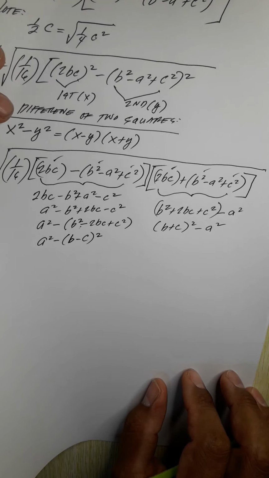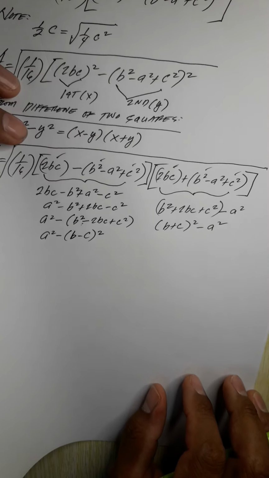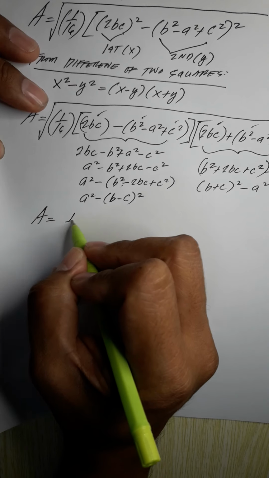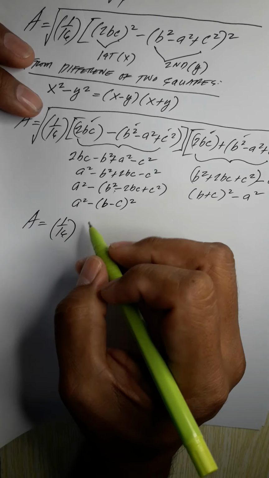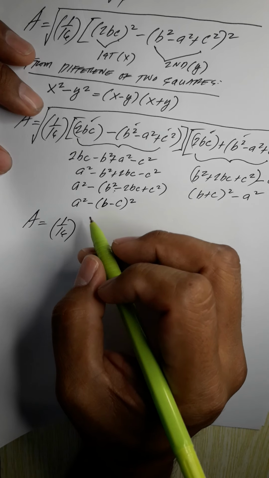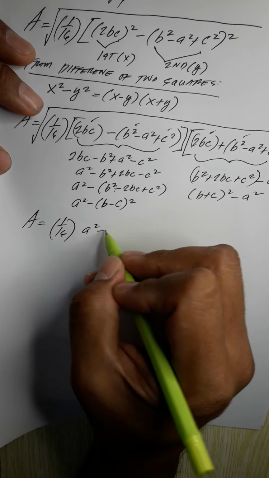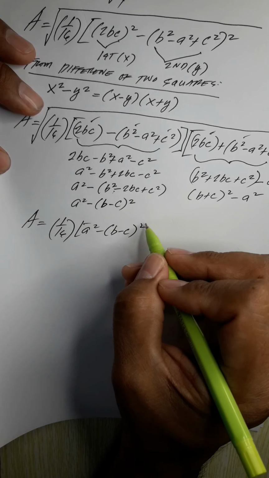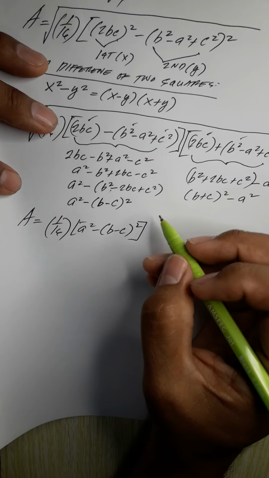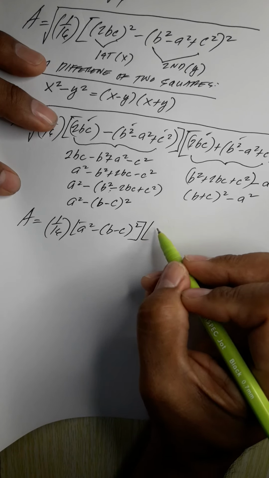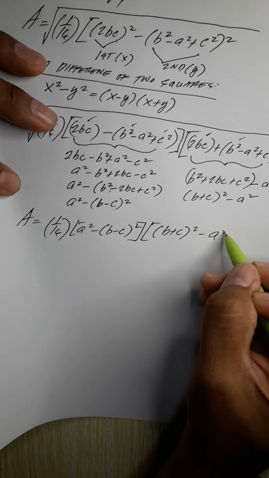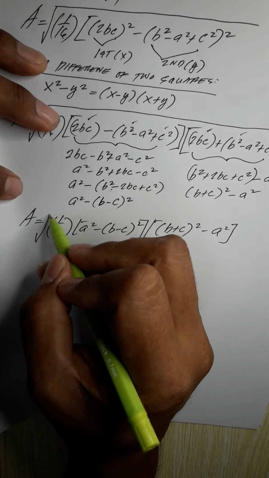so our A will become 1/16 multiplied by a squared minus b minus c squared, and then by b plus c squared minus a squared, radical sign.